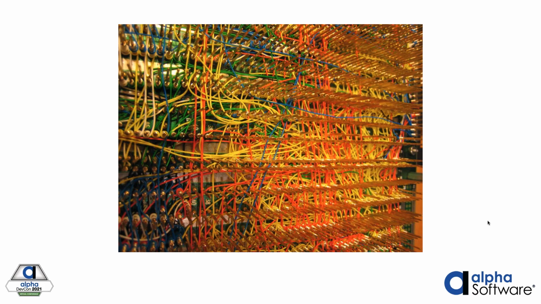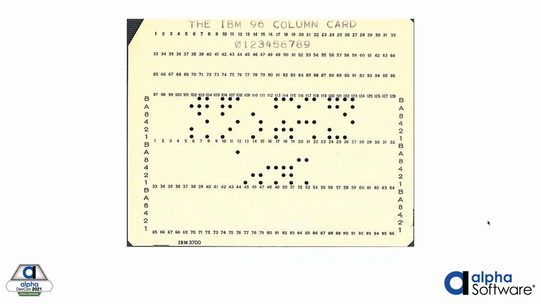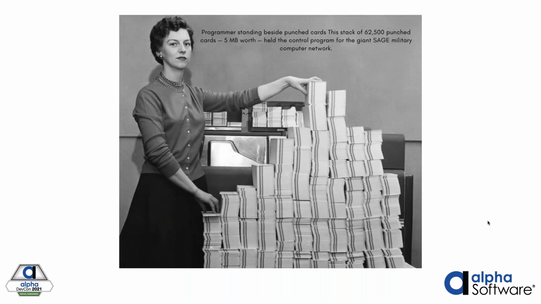But I needed to collect the data, and the machines that they used to output the data must have come from the Mercury space missions, like this, which is a punch card reader. So this is what I had to read data from, a punch card reader, and this is a punched card. These punch cards came in a box, all stacked together. And here's a view of several 62,500 punch cards. So you can imagine if you dropped one, what a mess that would make.